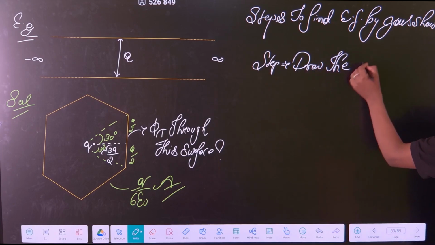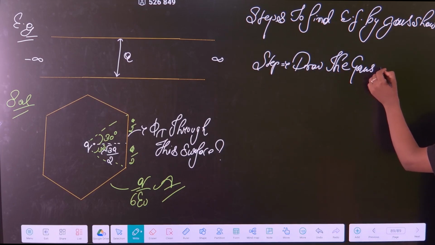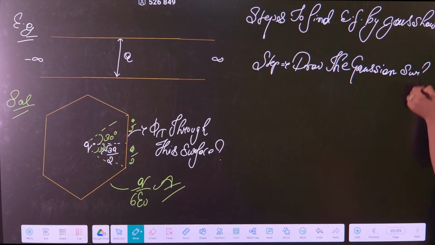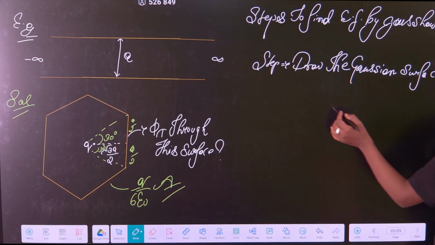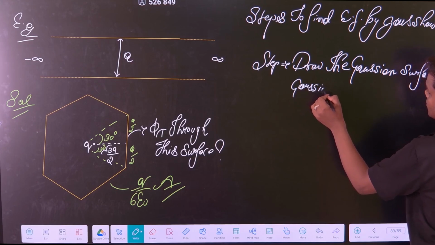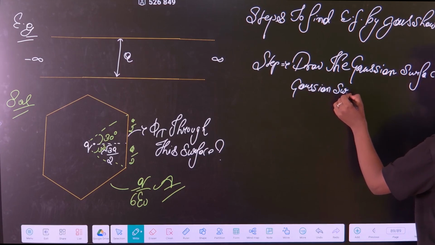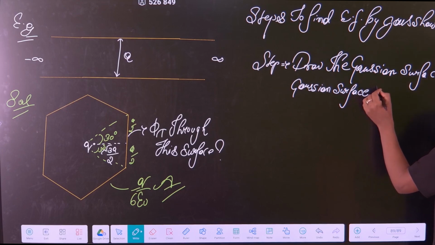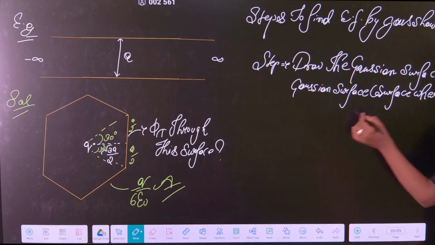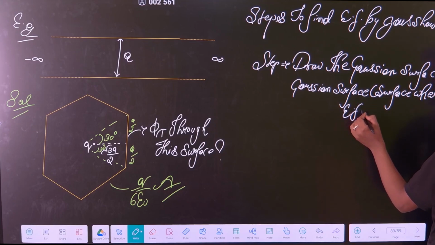Draw the Gaussian surface. Gaussian surface means the surface where the electric field is constant. Okay. In your course it will be like that only. Gaussian surface means a surface where the electric field is uniform.